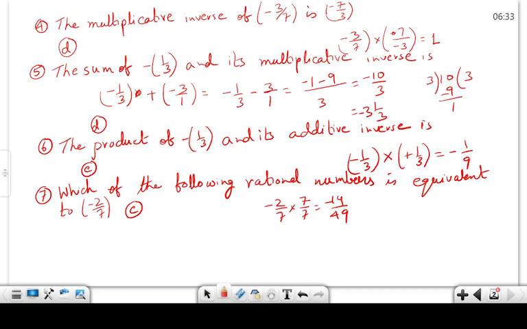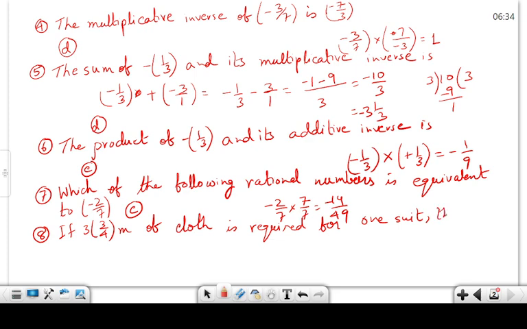Now, question number 8. Question number 8 is seen here as: if 3 whole 3 by 4 meter of cloth is required for one suit, then how many suits can be prepared from 30 meter cloth?